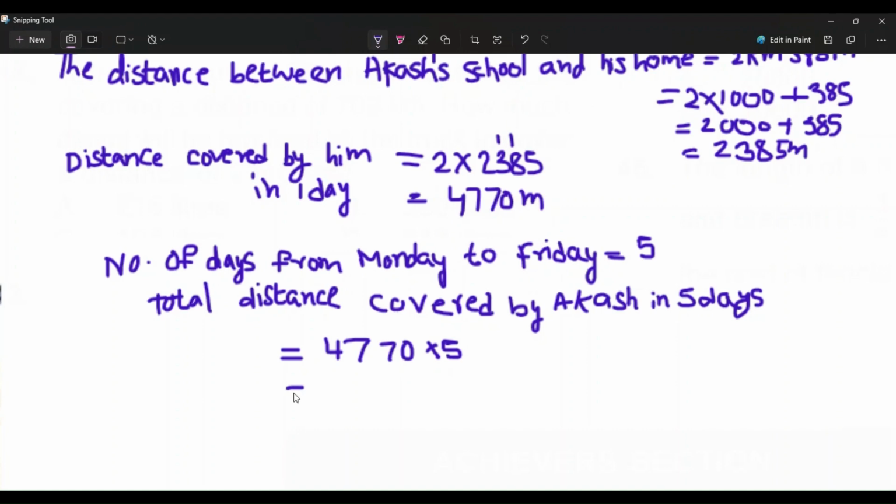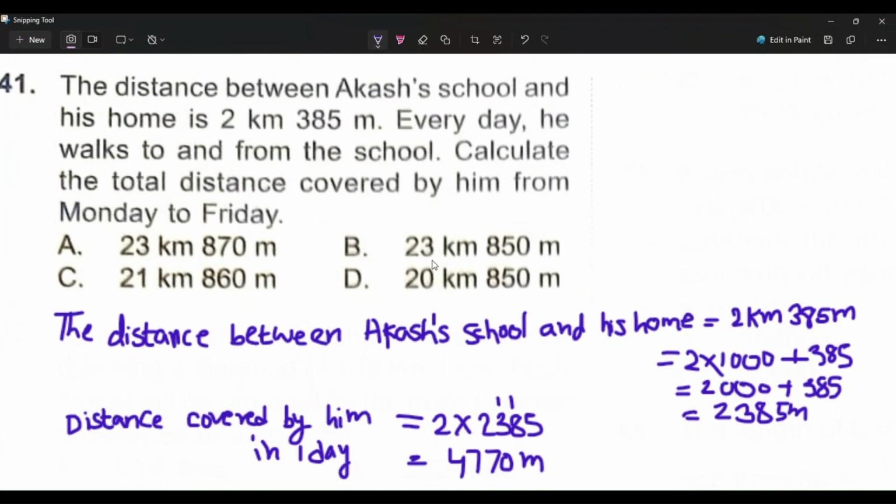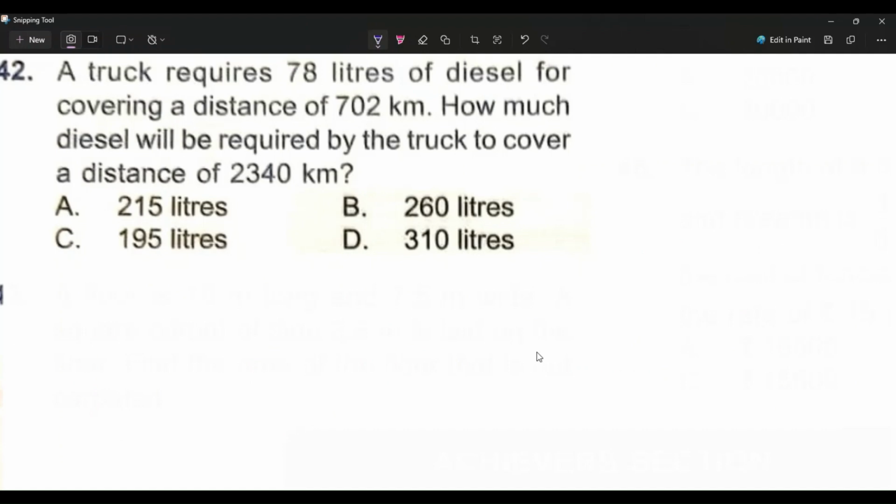So 5 into 0 is 0. 5 sevens are 35. 5 sevens are 35. 35 plus 3 is 38. 5 into 4 is 20. 20 plus 3 is 23. So 23,850 meters can be converted to 23 kilometers, 850 meters. So option B, 23 kilometers, 850 meters is the right answer.